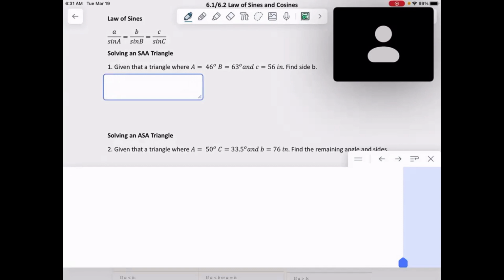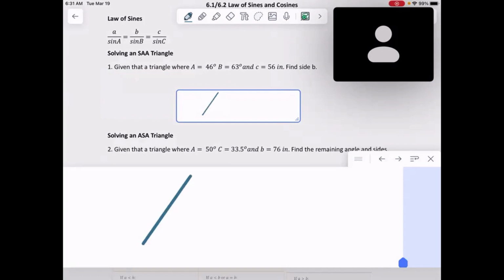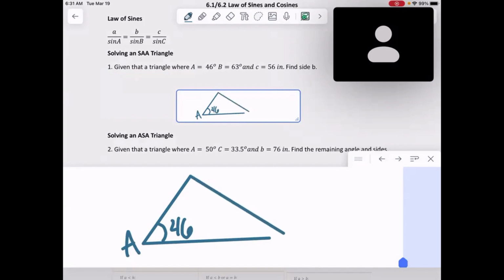And so if we see this triangle here, let's say A is 46 degrees. So A is something like this. B is 53 degrees, so it's going to be a little bit bigger. Not quite that big, but that's good. 53 degrees.